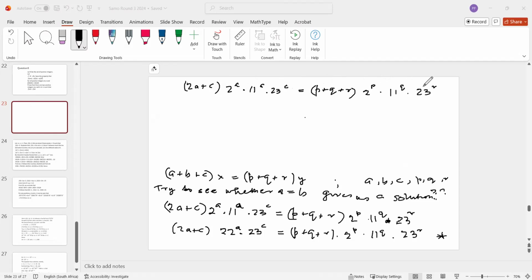Now, we require a little bit of thought here. You see, this is a factorization of the same number in two different ways. When you've got a number, there's only one way in which you can factorize it into a product of primes. So I've got 2 to the A here and I've got 2 to the power of P here.